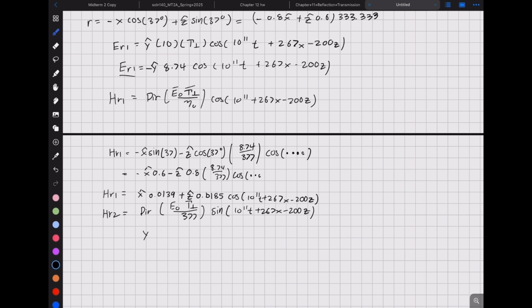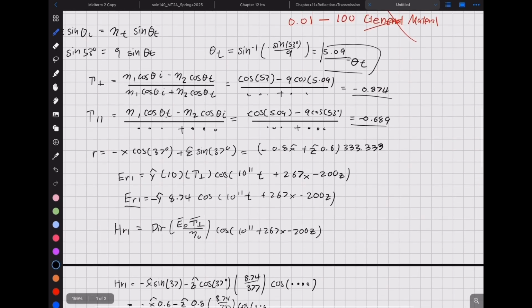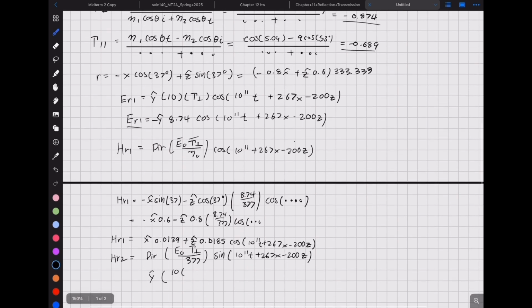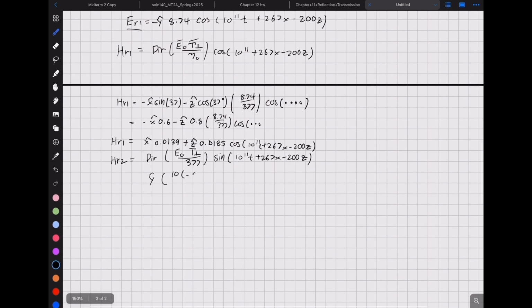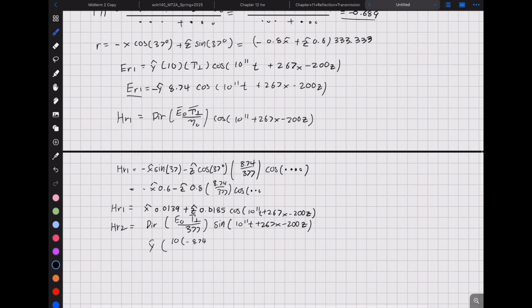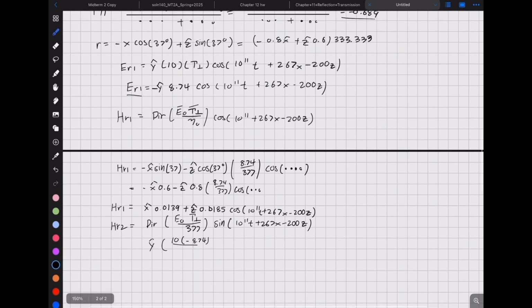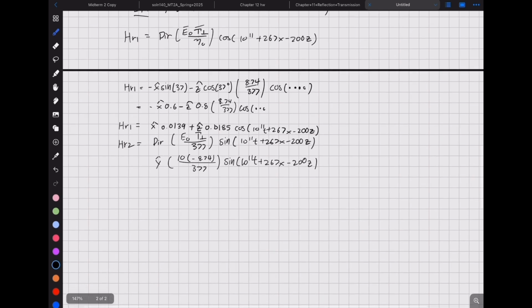Okay, so we have y hat, and then we have 10 multiplied by the perpendicular, which is negative 8.74 over 377 sine of 10 to the 11 t plus 267, and our HR2 is actually going to be in the negative y direction.